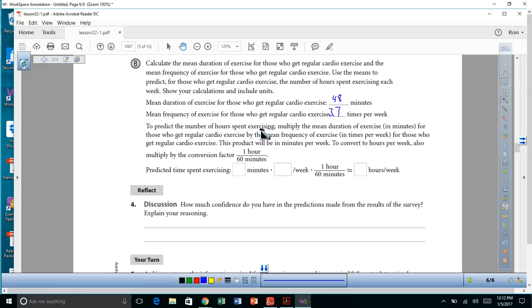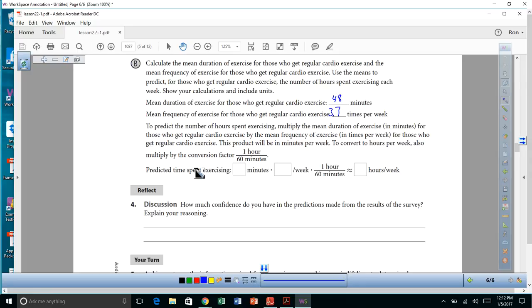To predict the number of hours spent exercising, multiply the mean duration of exercise in minutes for those who get regular cardio exercise by the mean frequency of exercise in times per week for those who get regular cardio exercise. This product will be in minutes per week. To convert to hours per week, also multiply by the conversion factor 1 hour over 60 minutes.